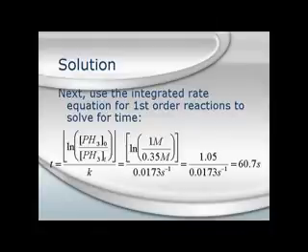On top, the natural log of that concentration ratio is 1.05 divided by 0.0173 seconds to the negative 1, gives us a time of 60.7 seconds.